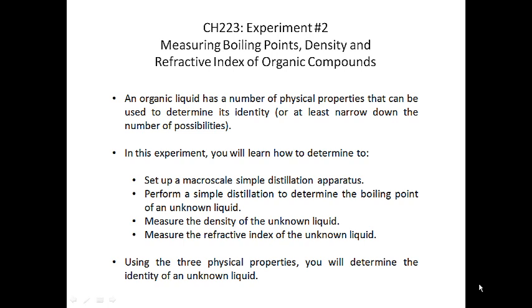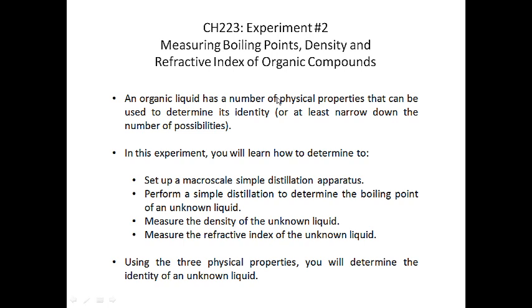So in experiment 2, we're going to learn how to measure boiling points, measure the density, and refractive index of organic molecules. And then we're going to use those 3 physical properties to identify an unknown liquid that you're going to be given.